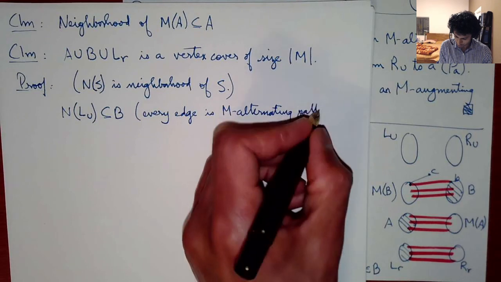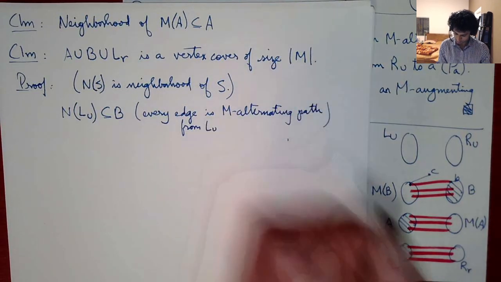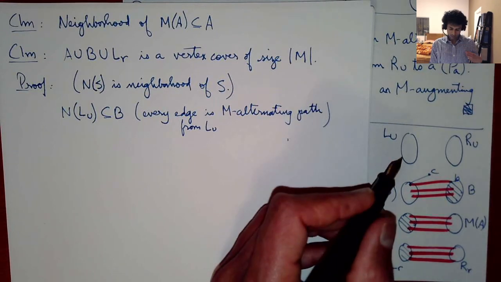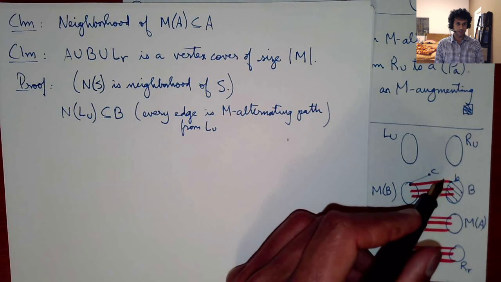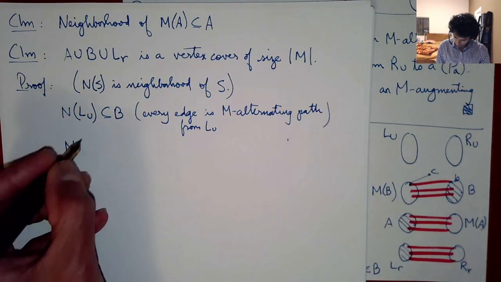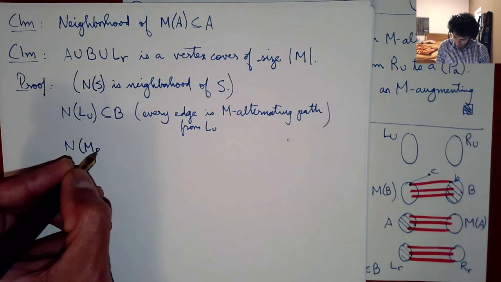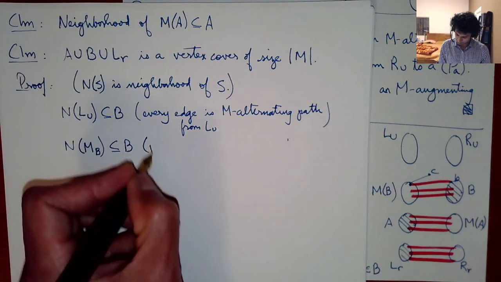So the neighborhood of LU is contained in B, meaning that any edge that's incident to LU bumps into B. The neighborhood of MB is a subset of B. That was the previous claim.